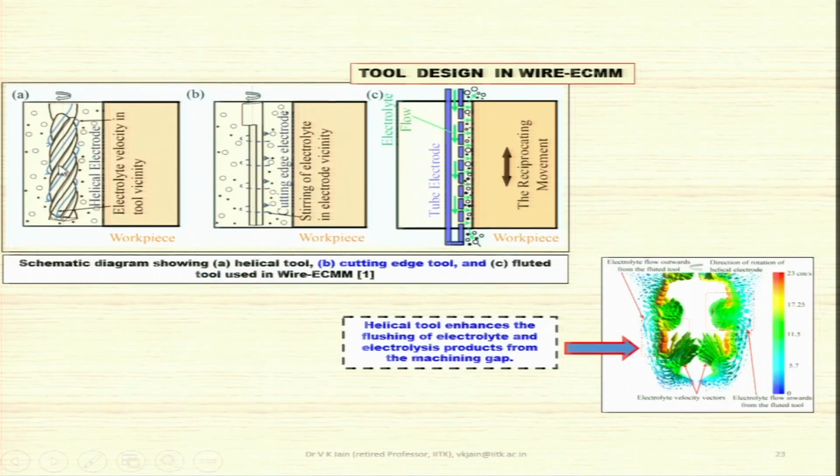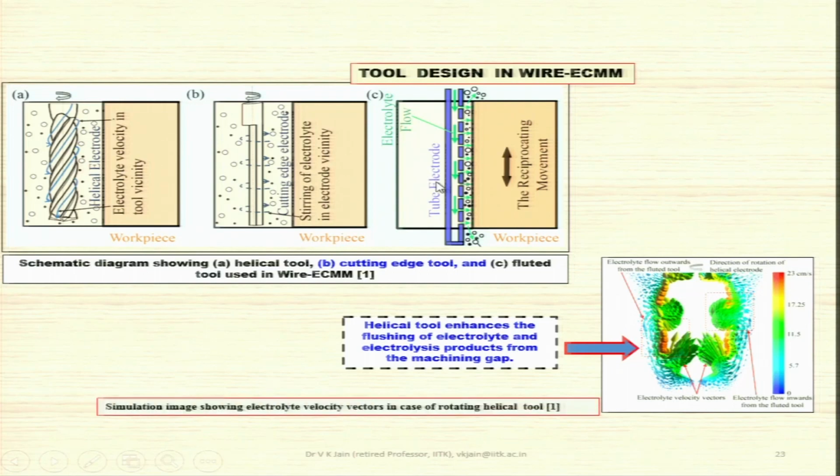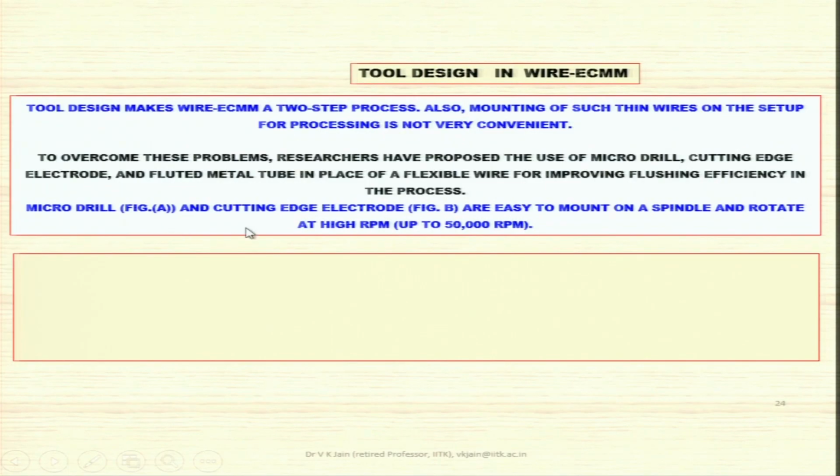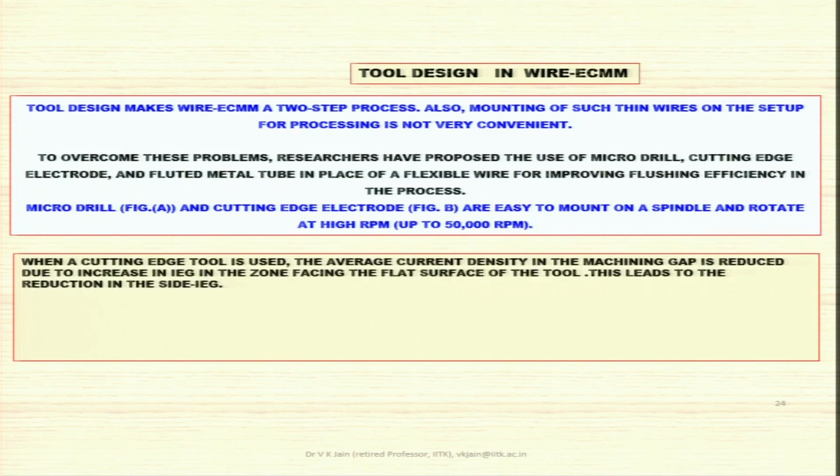This is the one, this is the helical one, this is the cutting edge, and this is the fluted one. Micro drill, the cutting edge tool I have shown just now, is easy to mount on a spindle and rotate at high RPM, that is 50,000 RPM. Why is it not difficult to really rotate at such a high RPM if you are using just a simple wire?